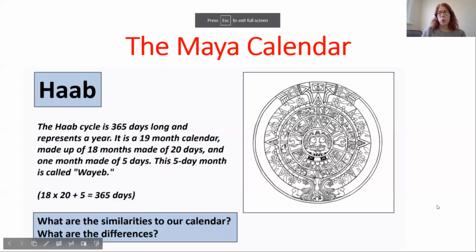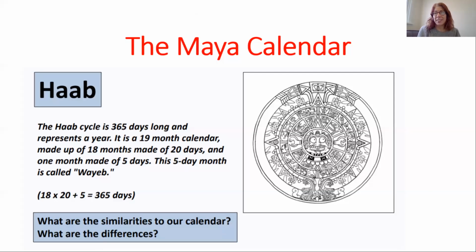There were 4 main types of calendar that the Maya used, and this PowerPoint will talk you through those different ones. But you might begin to notice some links between the calendar that we use now and the calendar that the Maya used with the numbers.